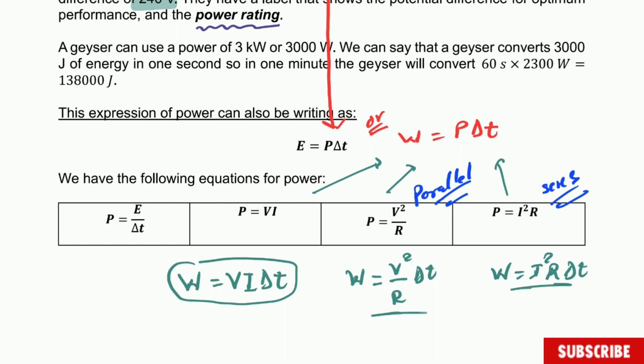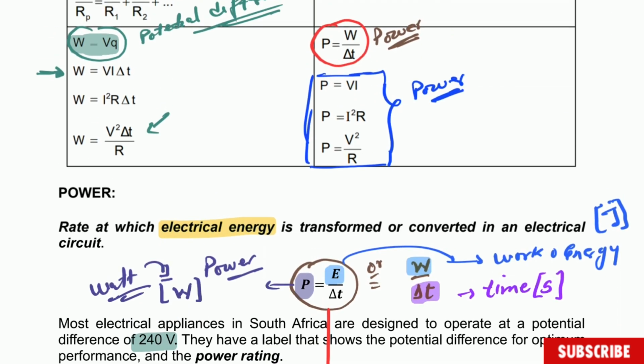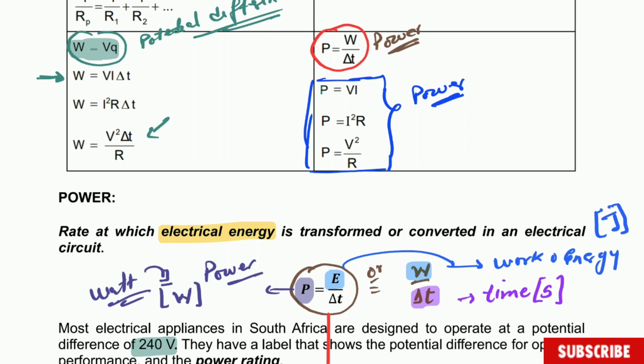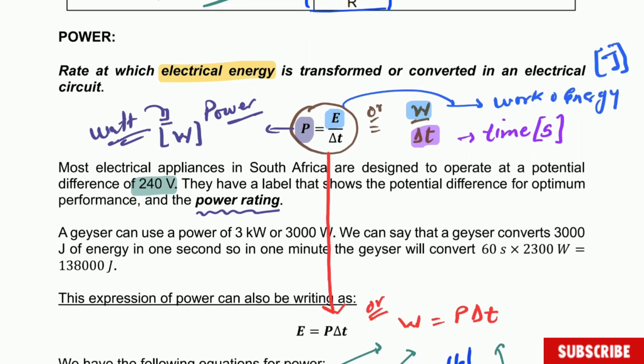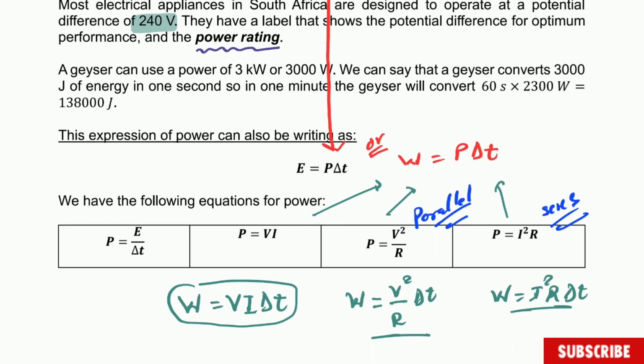All those are formulas for energy, and all of them are given to you. I'm just going to write here, this is for energy or work. All those formulas are given to you, so there should not be a problem for you to substitute or select a specific formula according to the data you have in certain questions.